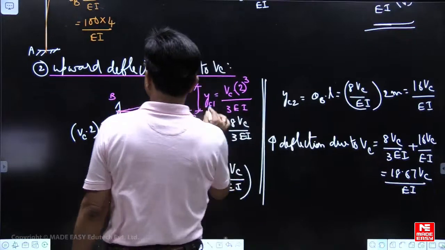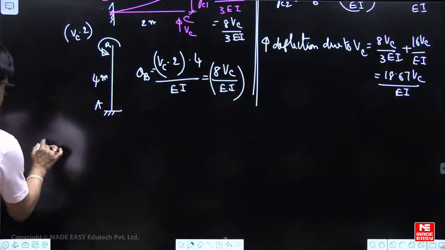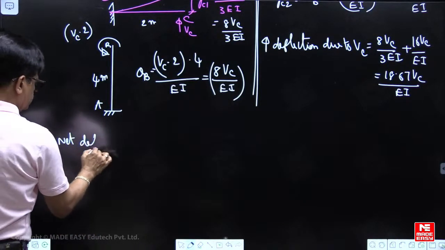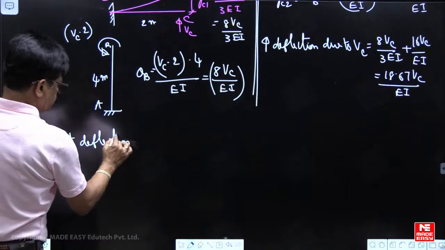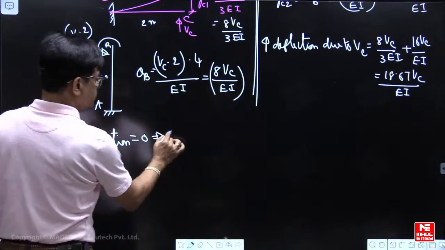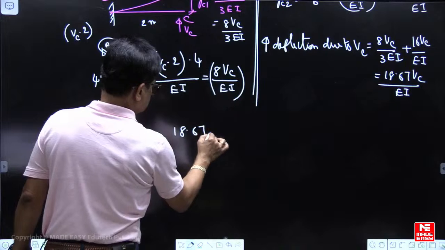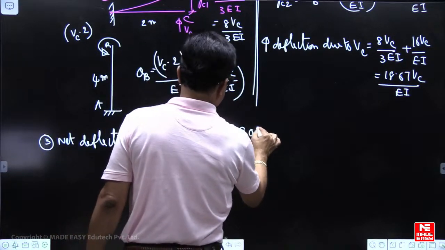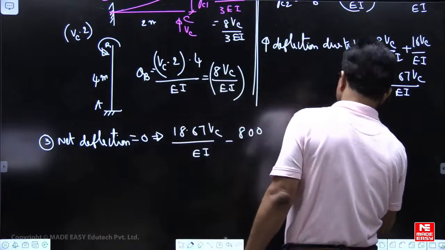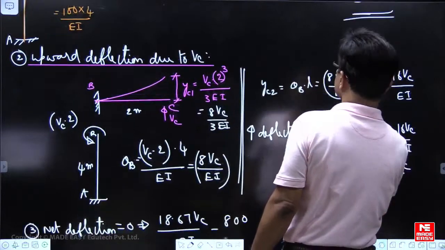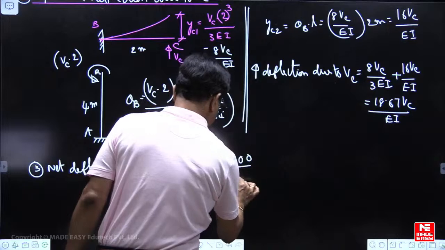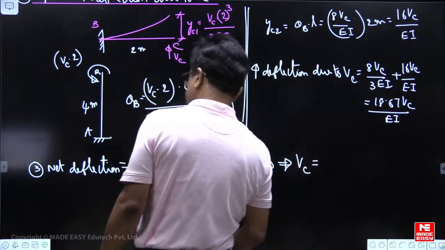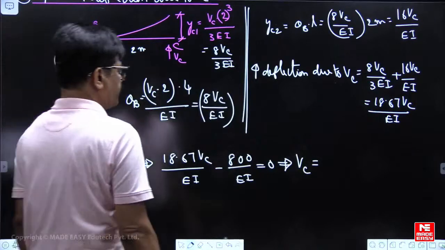So equate both the deflections. VC will get 42.85.